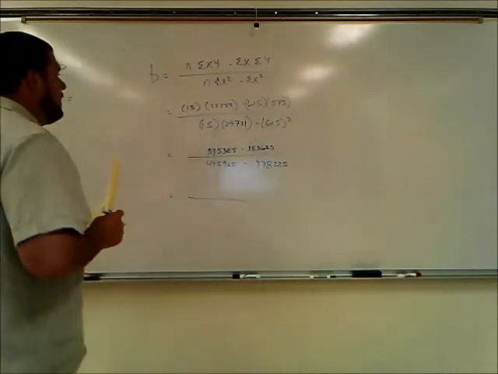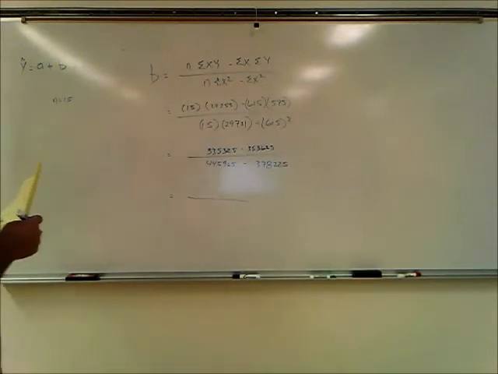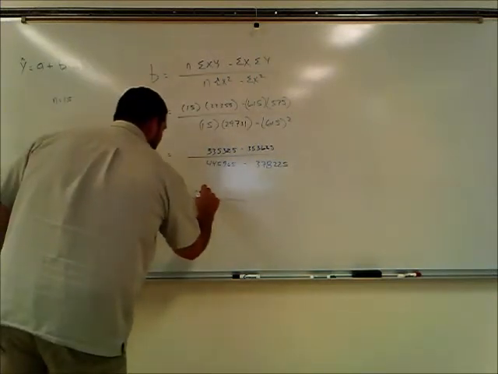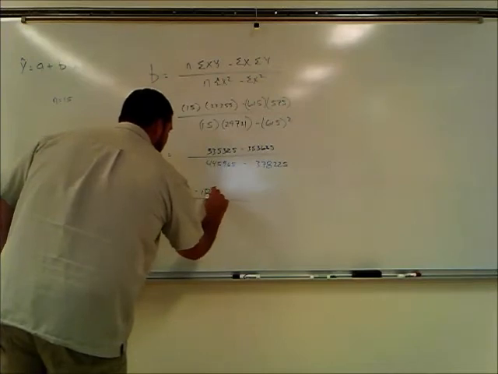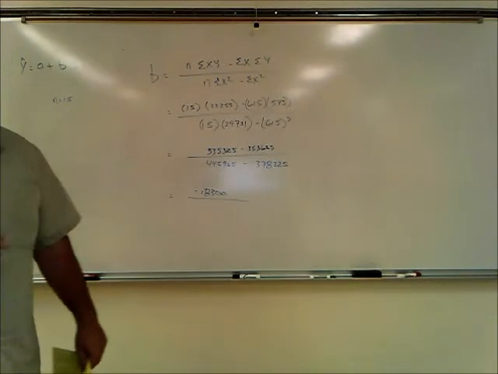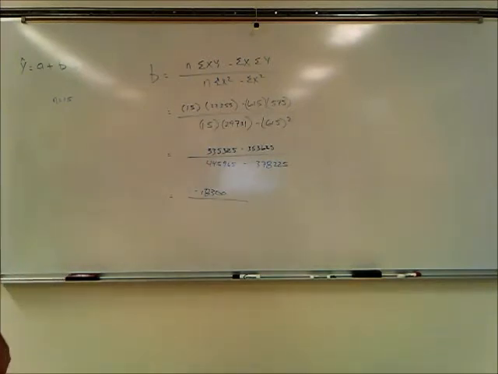If we take 353,625 and we subtract that from 335,325, we get a negative number, 18,300. And I want to pause there. We know in division, whenever you divide a positive number by a negative number, or a negative number by a positive number, just like multiplying, the resulting number is negative.